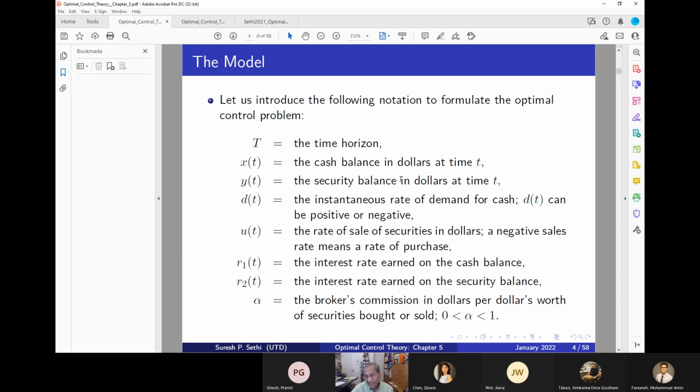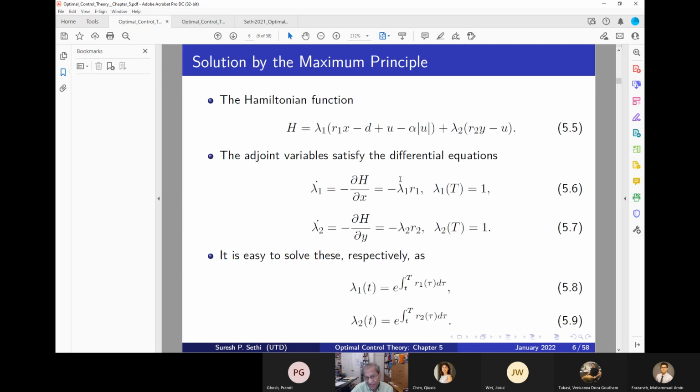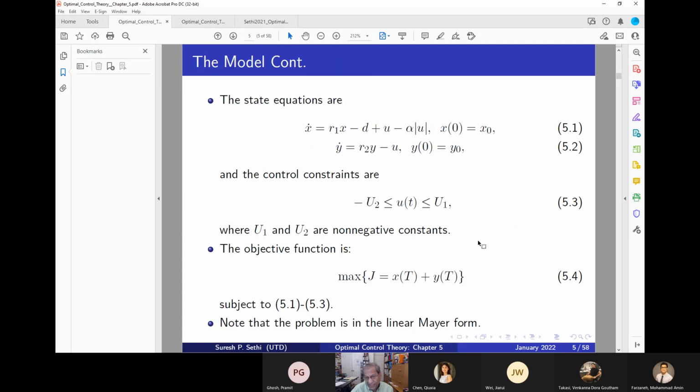The net earnings would be the same if I take xT plus yT and subtract from this x0 and y0, then that's my integrated earnings. There's no discounting. So xT plus yT minus x0 minus y0 would be exactly the integral of all the earnings.